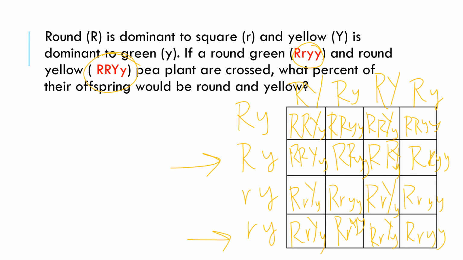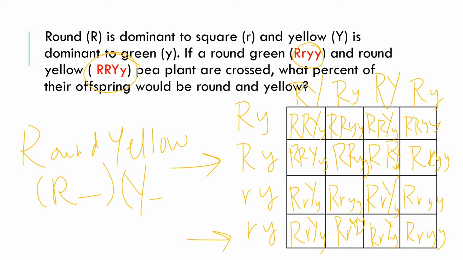Okay, so now I'm going to go ahead and solve the question. It says round, and it says yellow. So remember what we wrote on the first slide. To be round is a capital R. I don't care what the second R is. To be yellow is a capital Y. I don't care. So how many had capital R and capital Y?